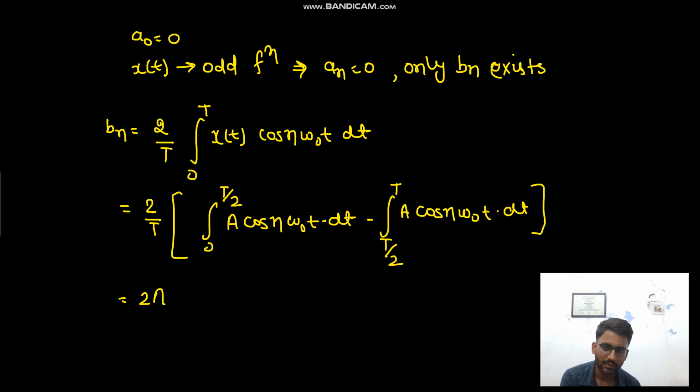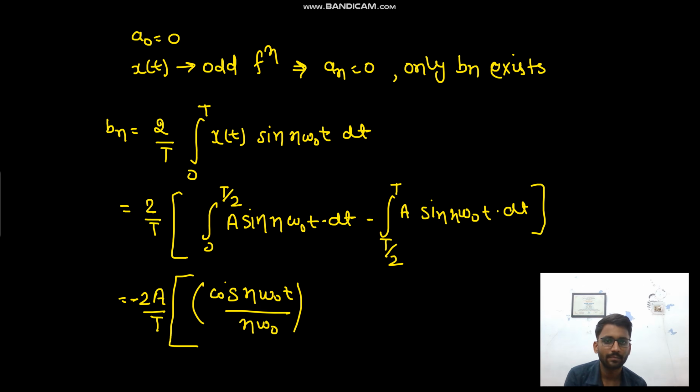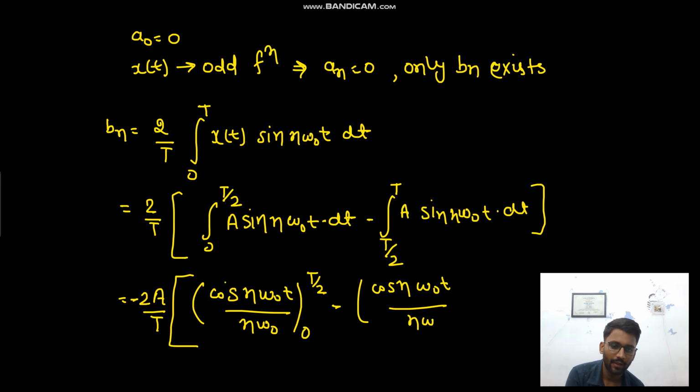Now you can simply solve this. There is one mistake, I guess: I am writing cos here, it would be sine. So let me improve it. It would be 2A by T, minus cos(n omega naught t) upon n omega naught from 0 to T by 2, minus cos(n omega naught t) upon n omega naught from T by 2 to T.